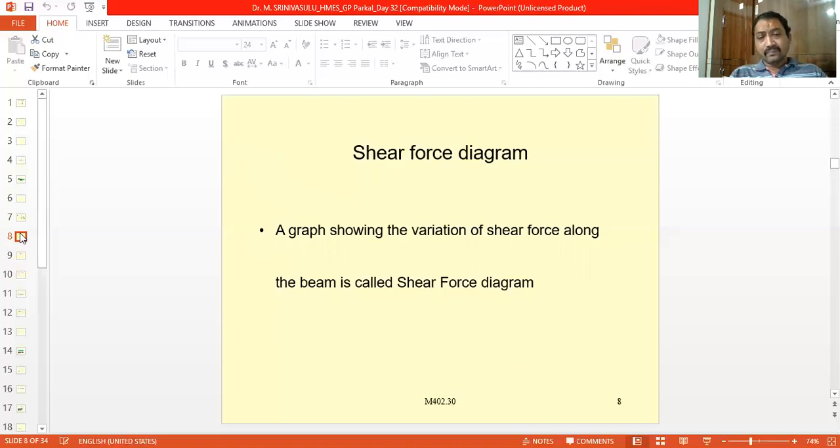It will indicate how much shear force is acting at what point. And generally at the salient points, the magnitude of shear force acting can also be seen from the shear force diagram.